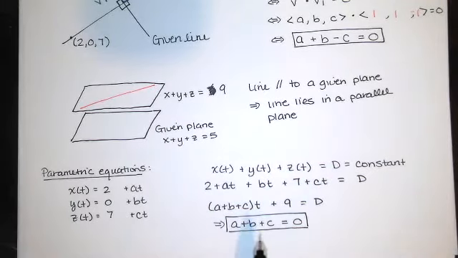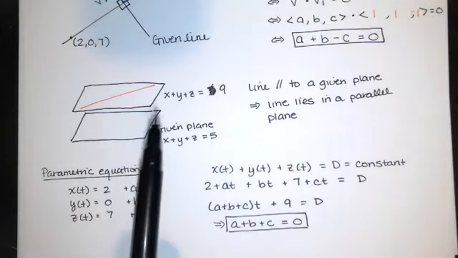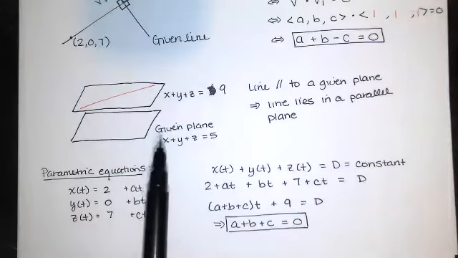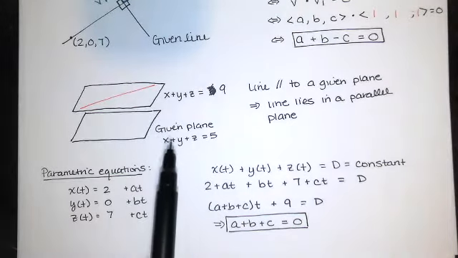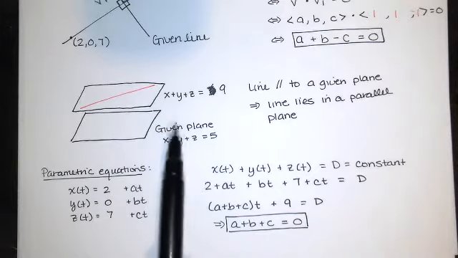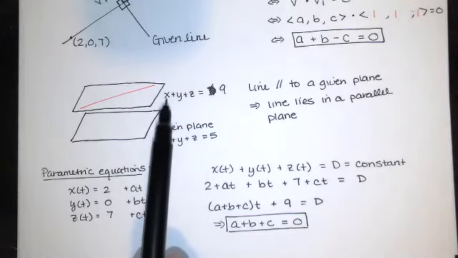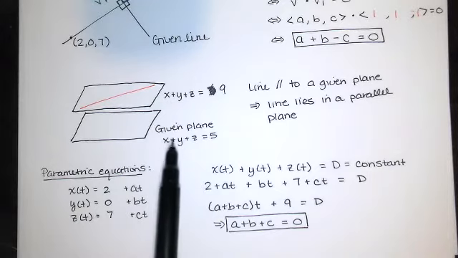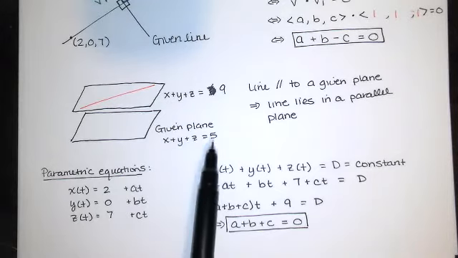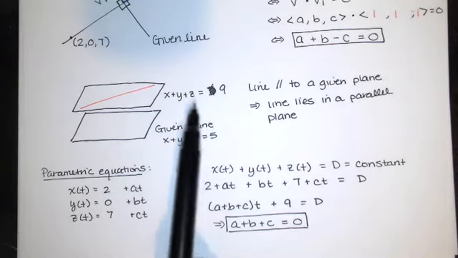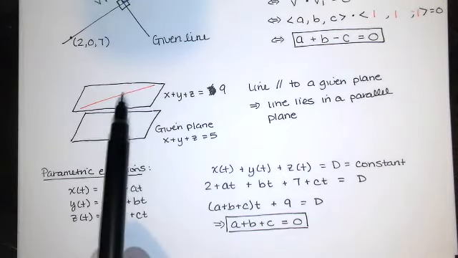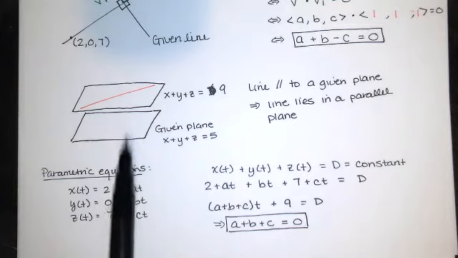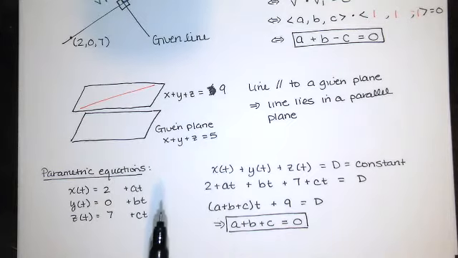And we know that because we know that our line lies in a parallel plane, and if we're given a plane, all the parallel planes have exactly the same form. You're going to have the same normal vector. You have 1x plus 1y plus 1z equals some constant. The only difference between this plane and all of the planes parallel to it is the constant on that side.